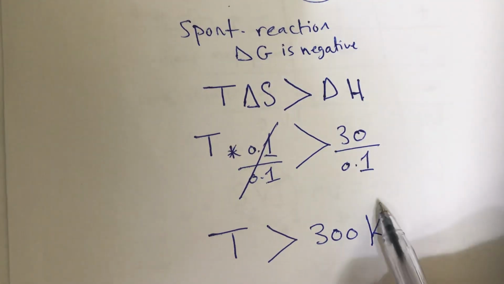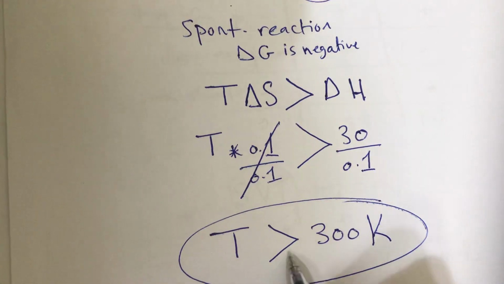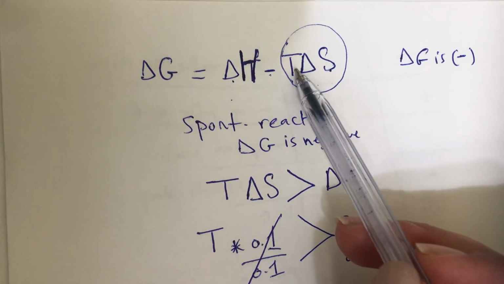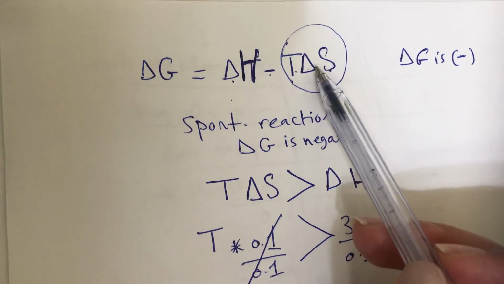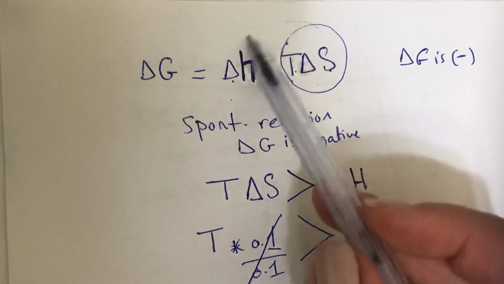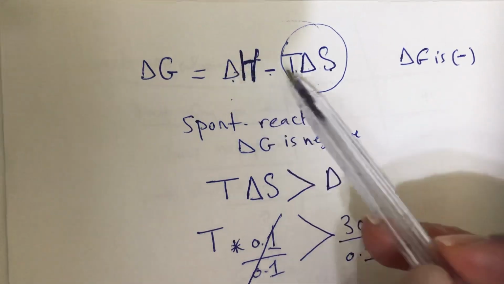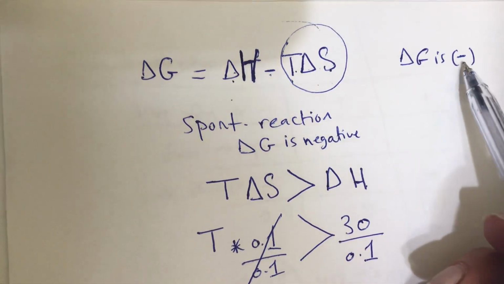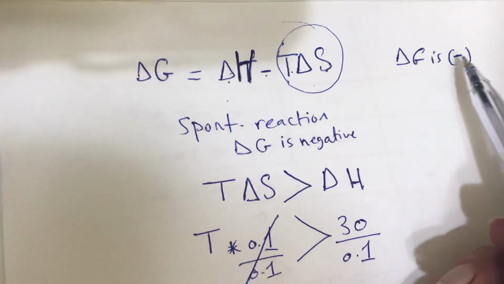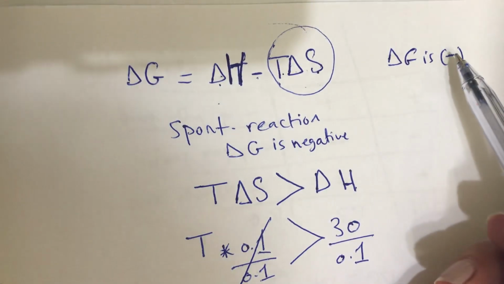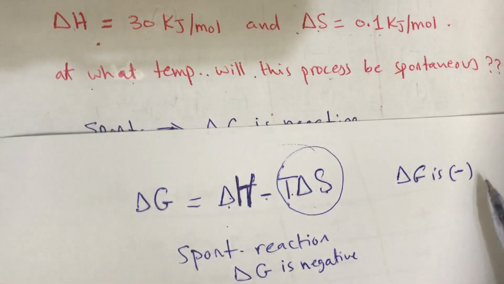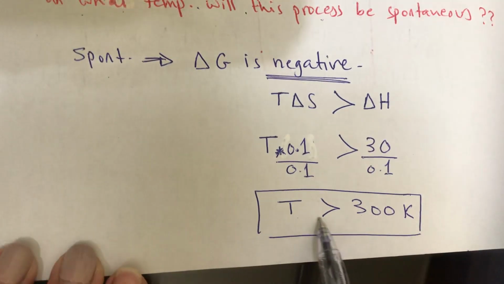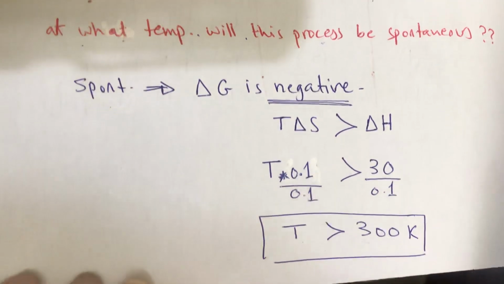So, when temperature is above 300 Kelvin, when you multiply temperature times entropy, you will get a greater number than delta H because they carry a negative charge, so the answer is negative. It's a spontaneous reaction. So here the answer is temperature above 300.